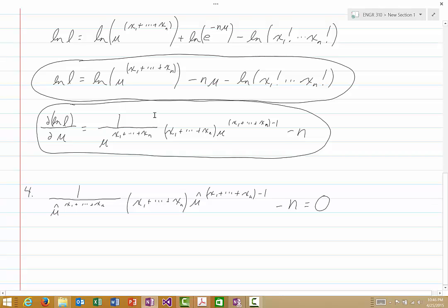Again, when mu is equal to mu hat, then this expression is equal to 0. So that's what allows us to write this expression right here.